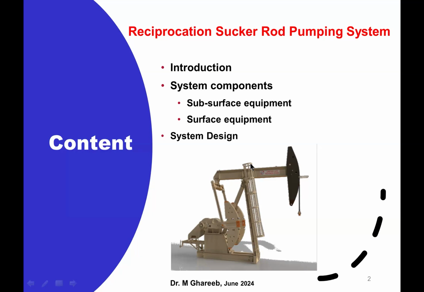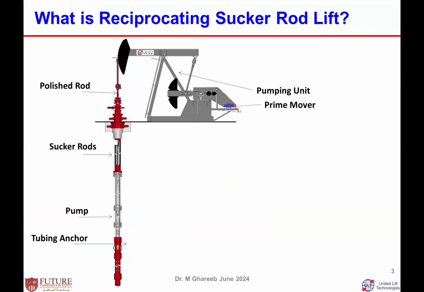Our presentation will cover some introduction about the system, what the main components of that system are. I'll focus on the surface and subsurface parts, plus give you some hints about system design and 1 or 2 slides about system optimization, how the system is currently optimized, the monitoring, and so on.